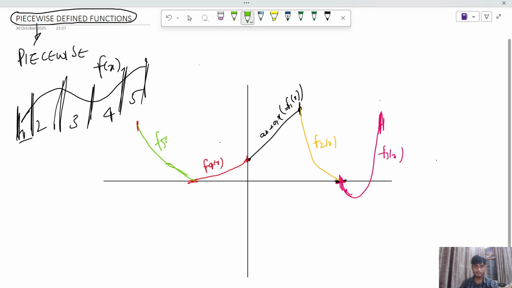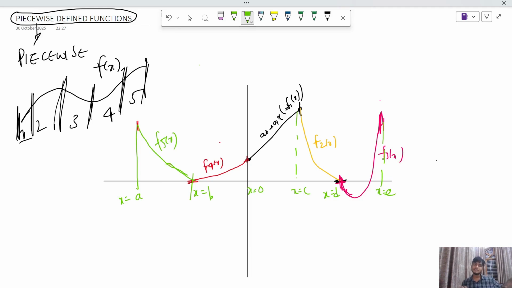Let's call this f5 of x. I'm giving this a range. So this number is a, x equals a, x equals b, x equals 0, x equals c, x equals d, and let's say this value is e.